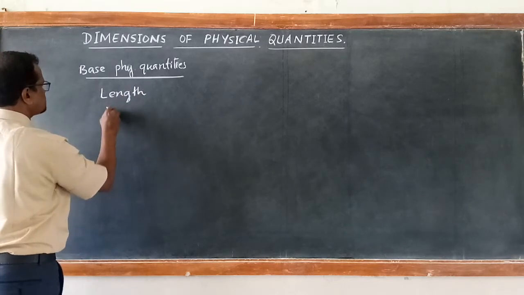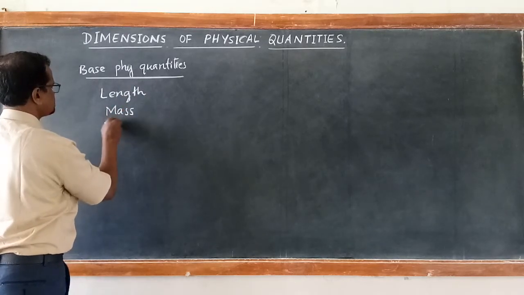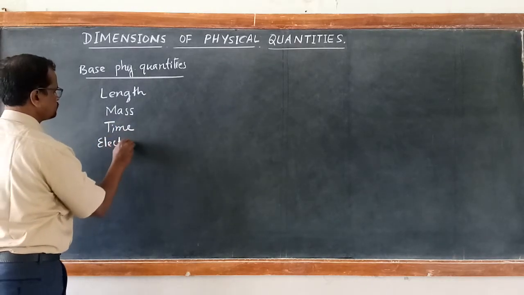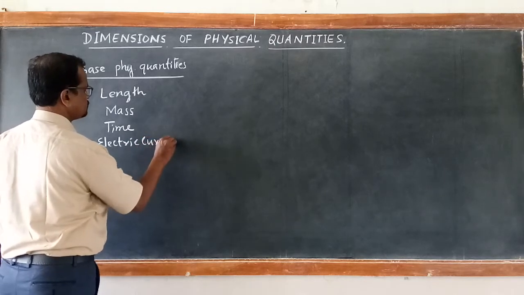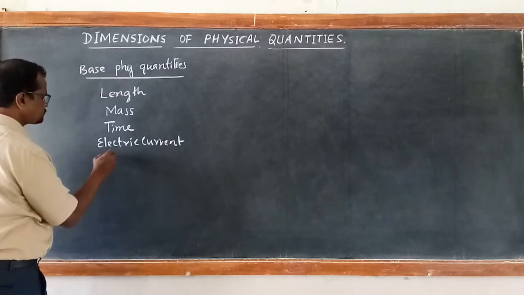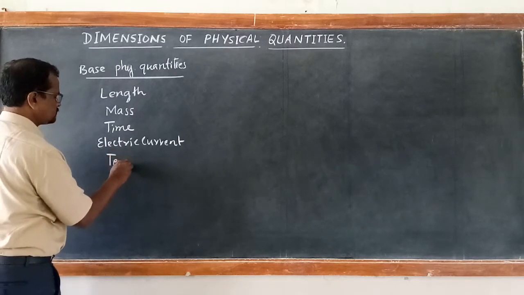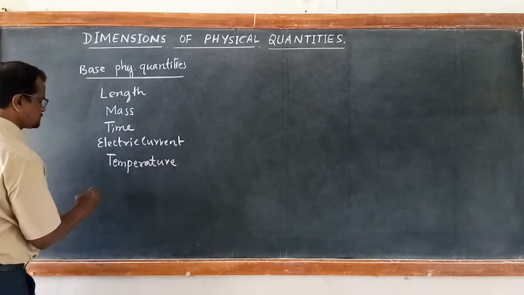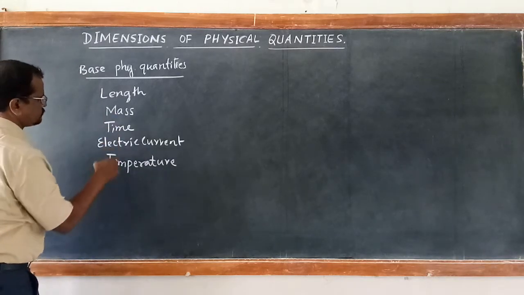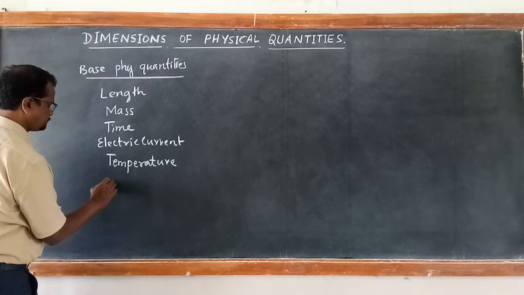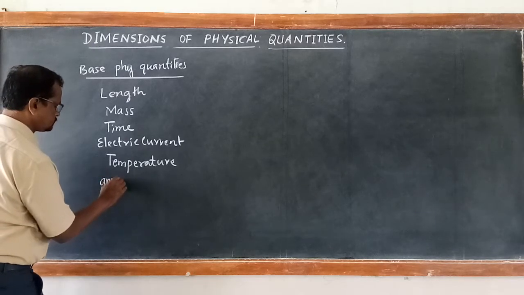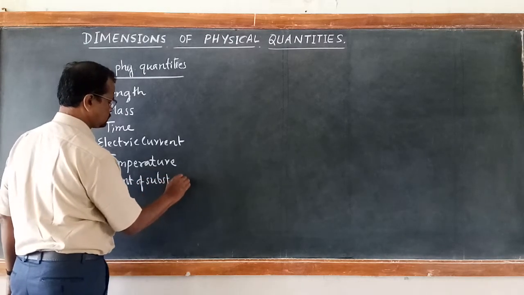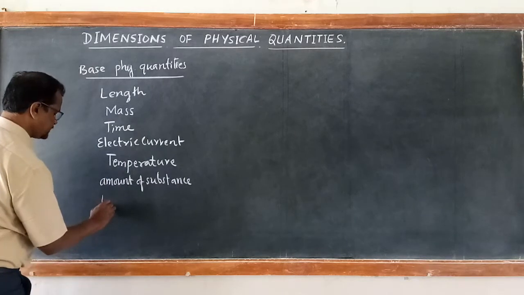second one is mass, the third one is time, fourth one is electric current, fifth one is temperature, thermodynamic temperature, and sixth one is amount of substance, and luminous intensity.